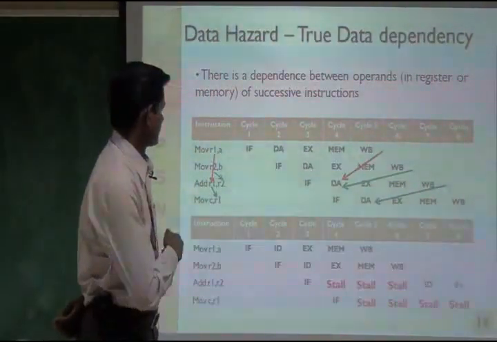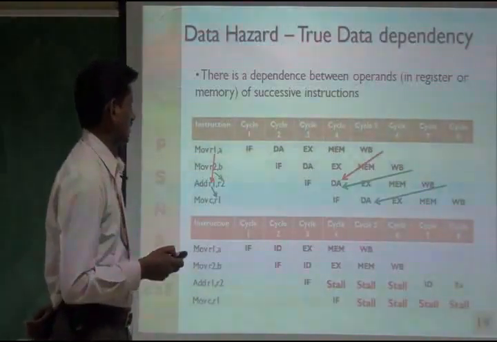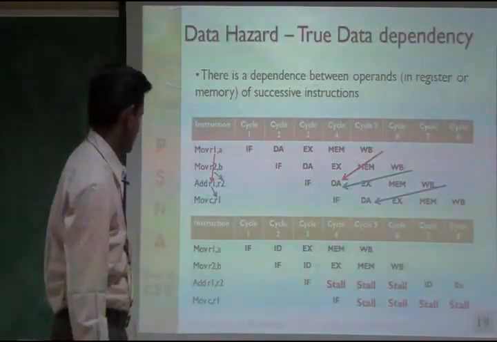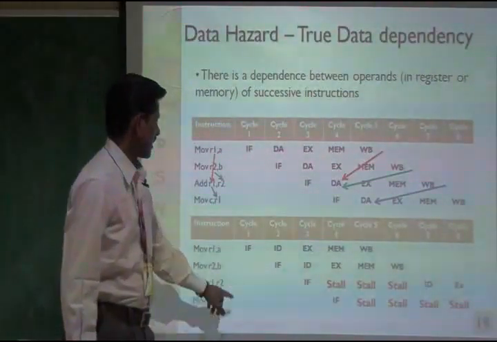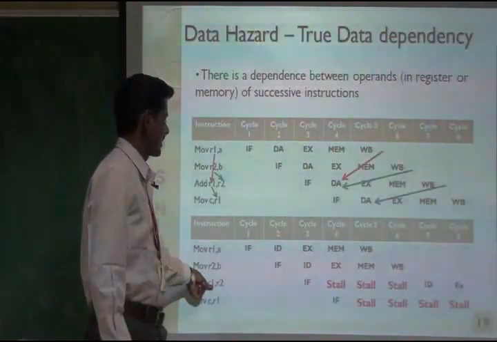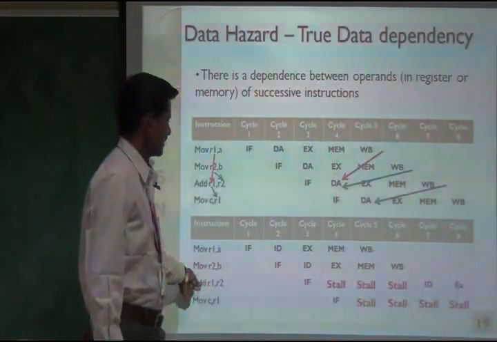So no other way, we need to delay the execution of the third instruction. Look at it: add R1 comma R2, the third instruction tries to read the source operands R1 and R2.